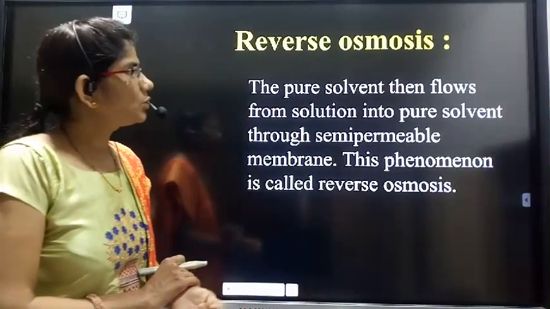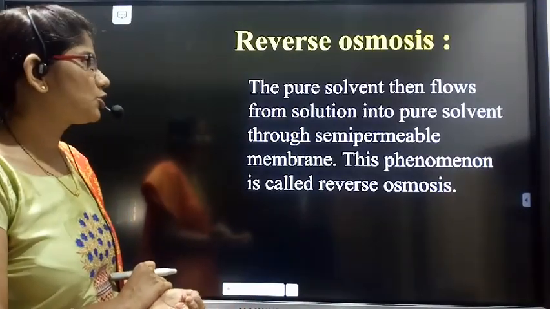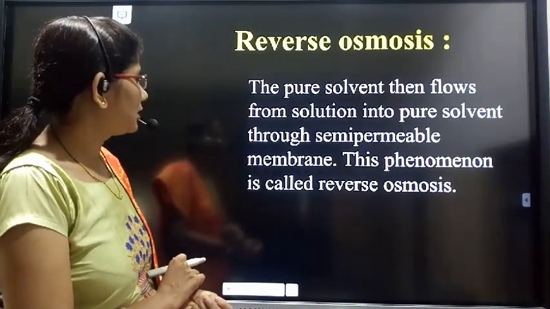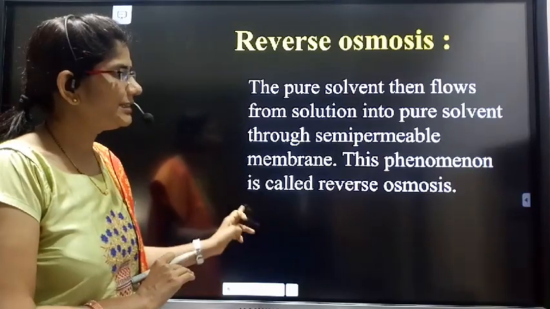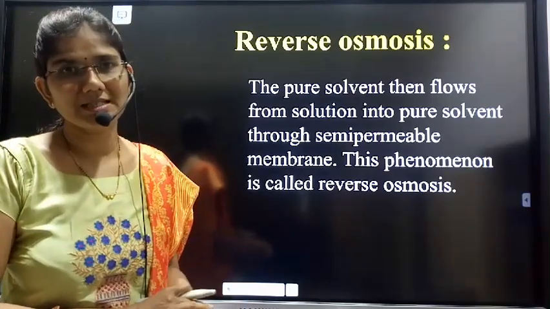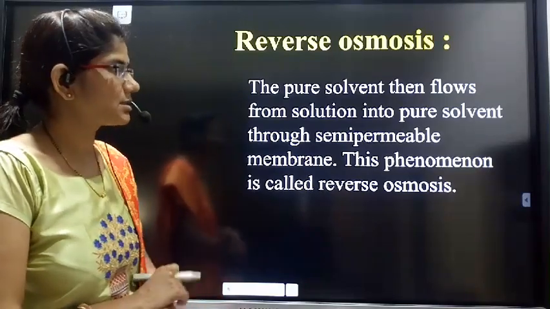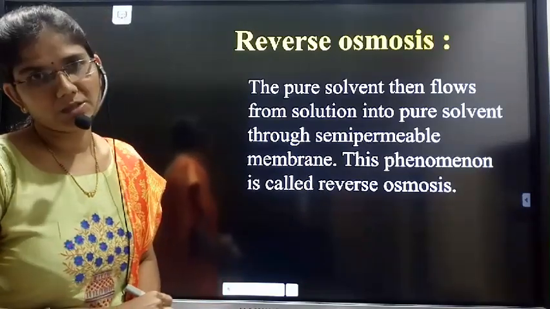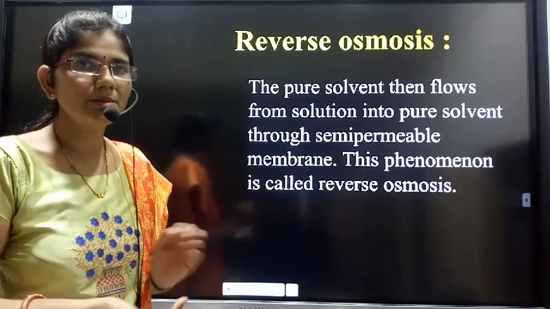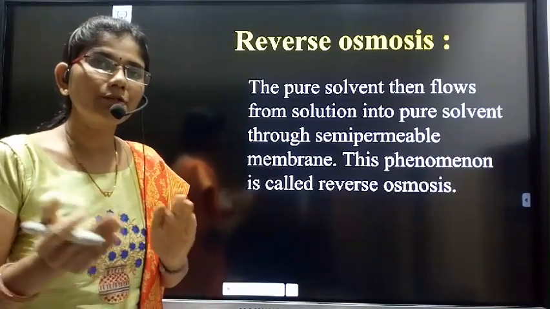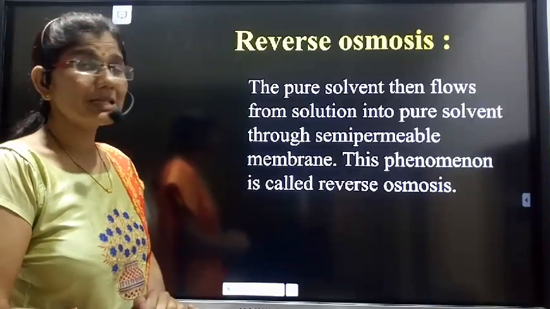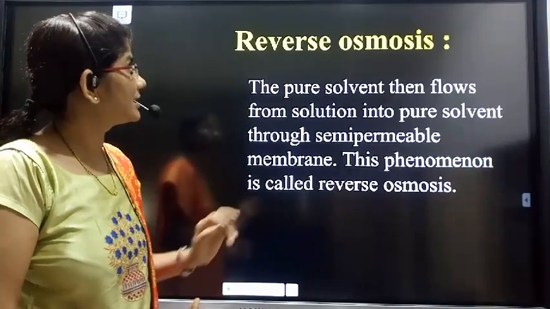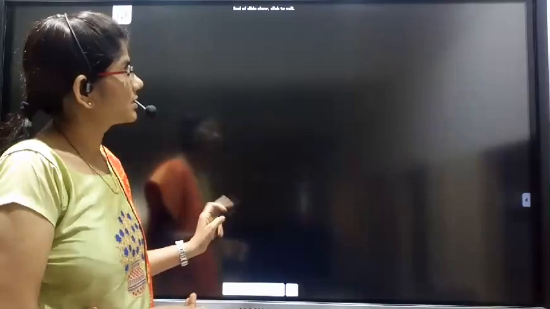The pure solvent flows from the solution into the pure solvent through a semi-permeable membrane. Reverse osmosis means the flow of a solvent from a solution to the solvent side through a semi-permeable membrane.